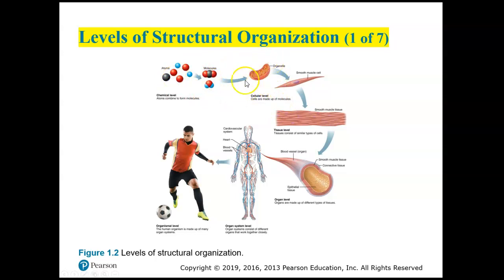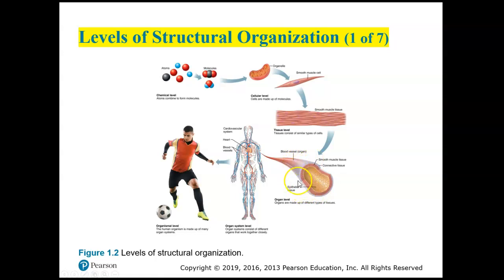The organelle that you're looking at is a mitochondria, and then the cell that you're looking at is a smooth muscle cell. You can see the nucleus and the mitochondria inside of that smooth muscle cell. Then many smooth muscle cells make up smooth muscle tissue. The muscular layer of this blood vessel, the blood vessel is the organ, is smooth muscle, but it's lined on the inside with epithelial tissue, and on the outside with connective tissue.